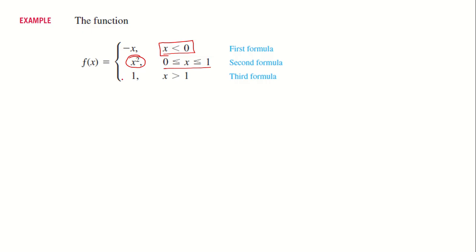And the third one is f of x equals 1, a constant function, and the domain of this function is x greater than 1. If we try to draw the graph of this function, we will have three functions here.